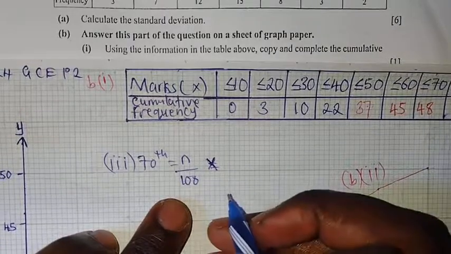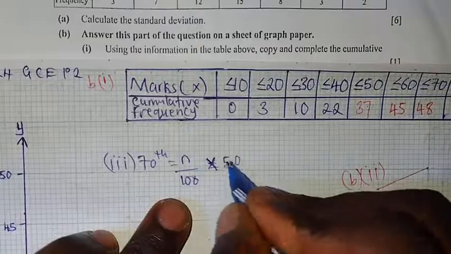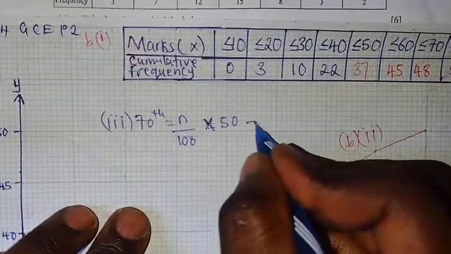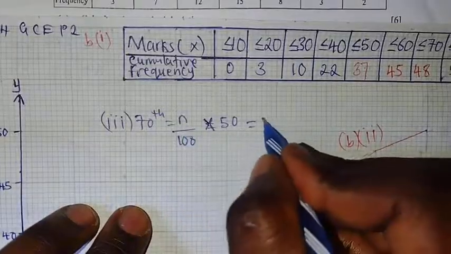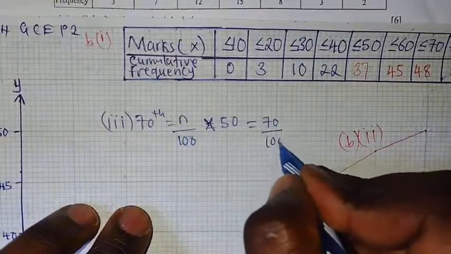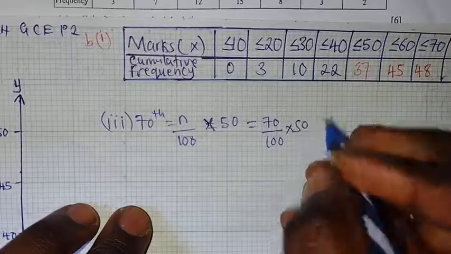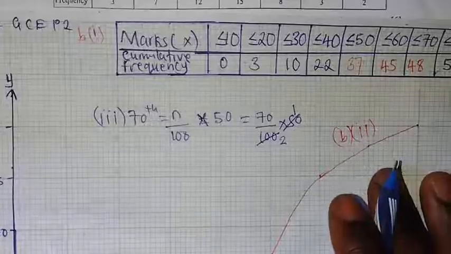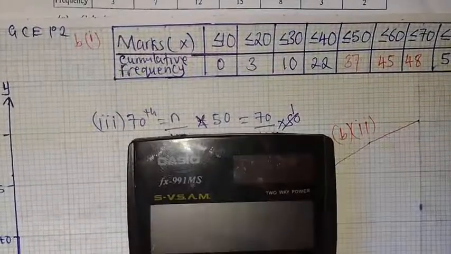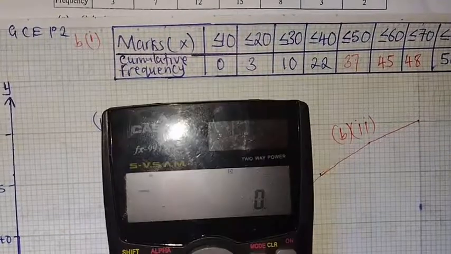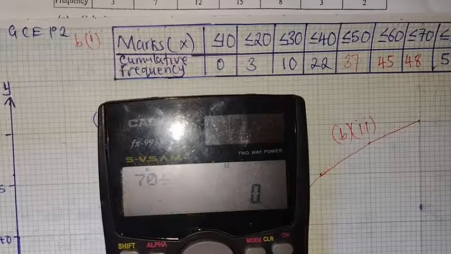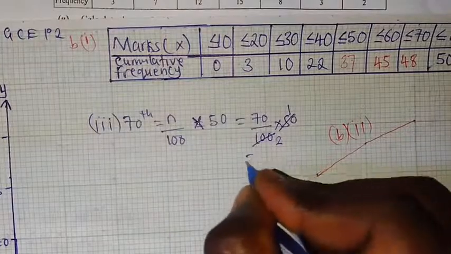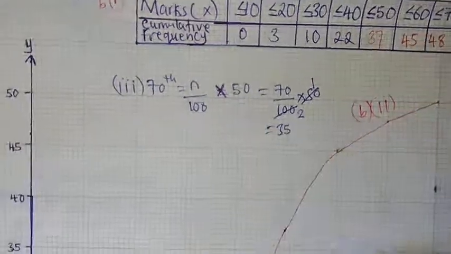It's 50. So here we are going to say n, representing 70 over 100 times 50. So here 1, here 2. So just divide 70 by 2. You get 35. So this gives us 35.